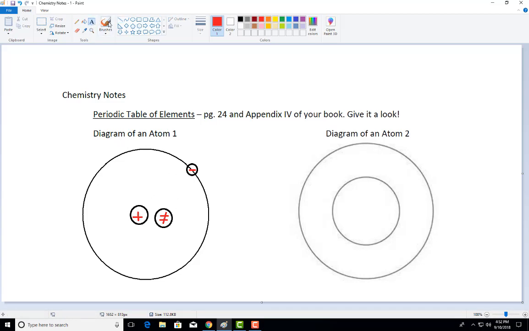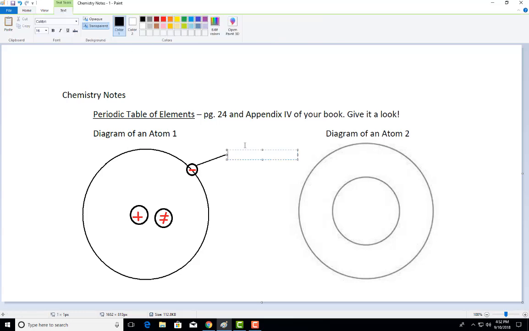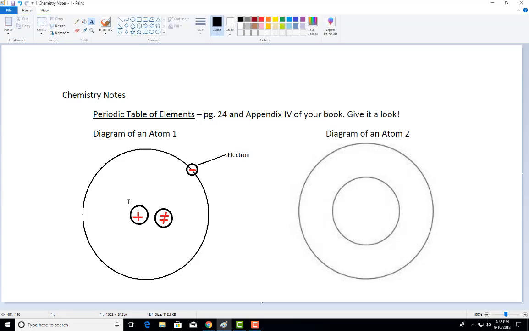So what are these particles that we're talking about? Well, I think most of us know that this one is actually called an electron, and it has a negative charge.